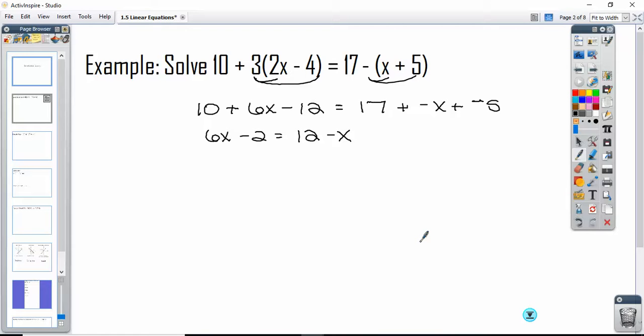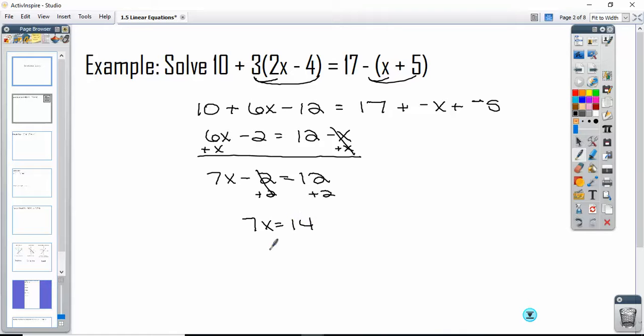Okay, I need my x's on the same side. So if I add this x over, add over my 2, divide by 7, and x is 2.